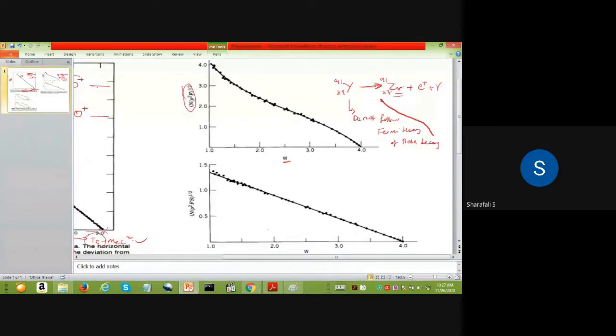So what do you have to do? There is some kind of correction that we have to do in the Fermi theory analysis in order to make this reaction also follow the Fermi theory of beta decay. Okay. So whatever equation that we have derived so far is not enough to explain this particular beta decay, because it is not giving the exact form that we have derived for the Fermi theory of beta decay.